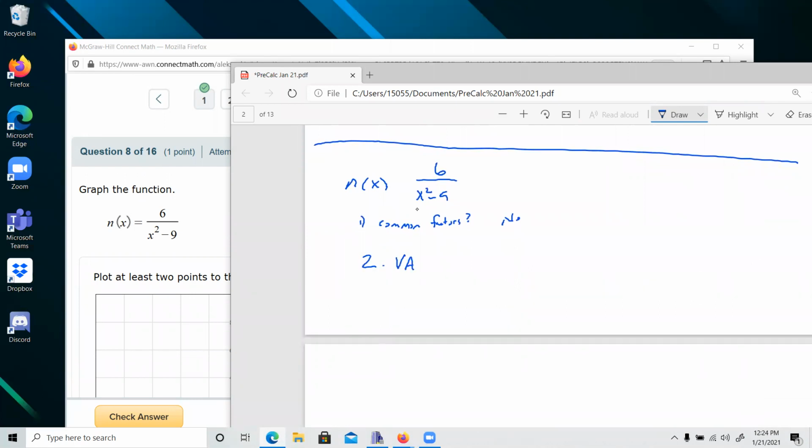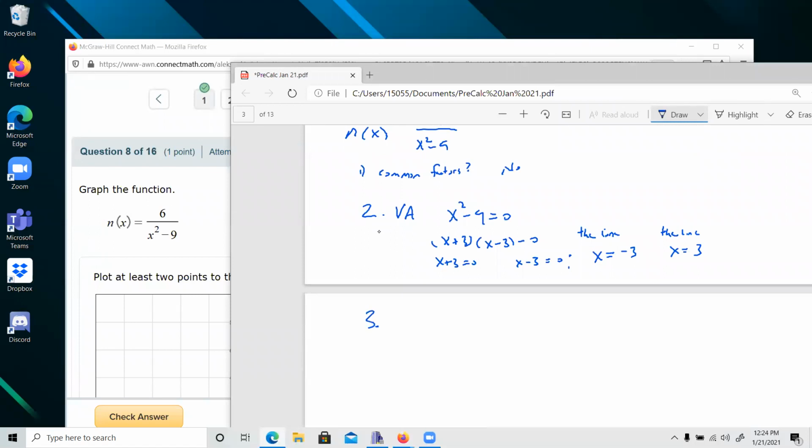We set the denominator, x squared minus 9, equal to 0. x plus 3, x minus 3 equals 0. And then we're going to have x is equal to negative 3 or x is equal to positive 3. So the line x equals negative 3 and the line x equals positive 3, those are our vertical asymptotes. Remember, x equals something, that's a vertical line, right?